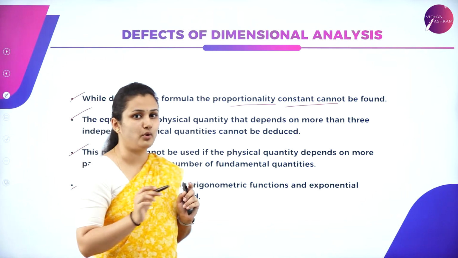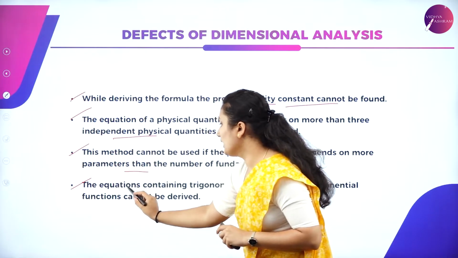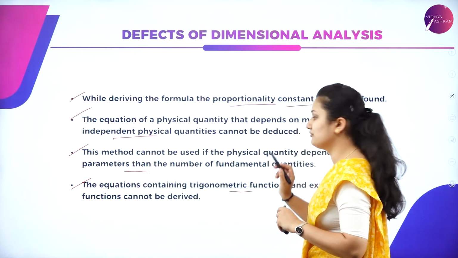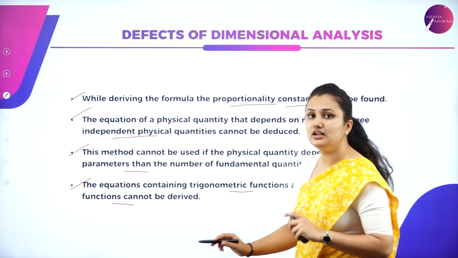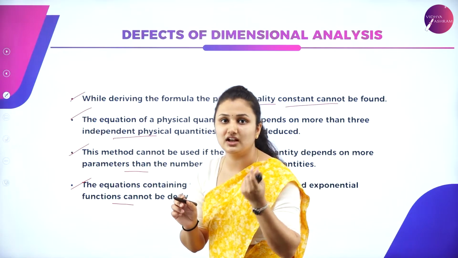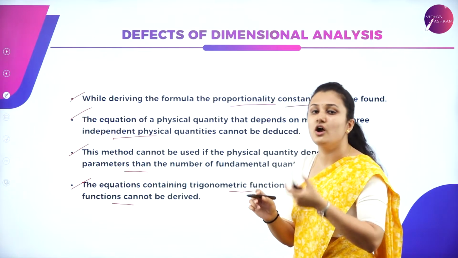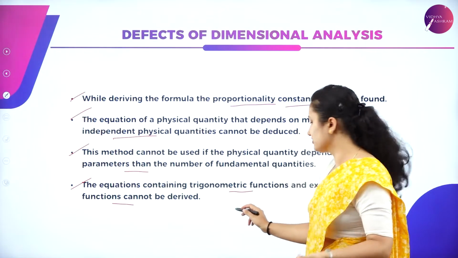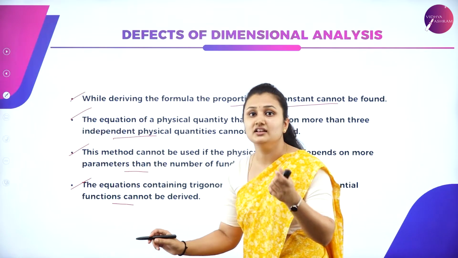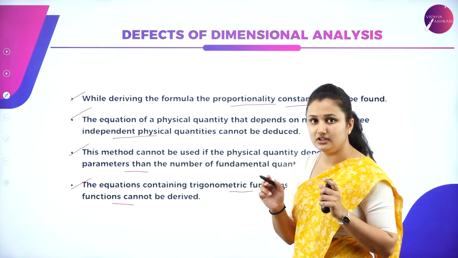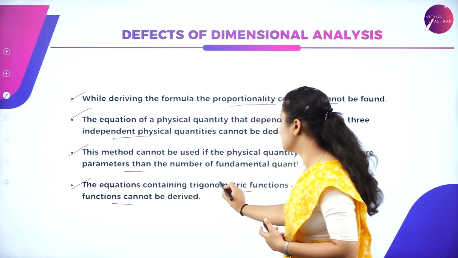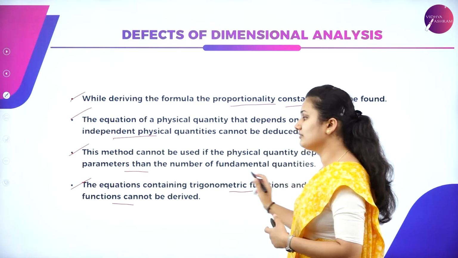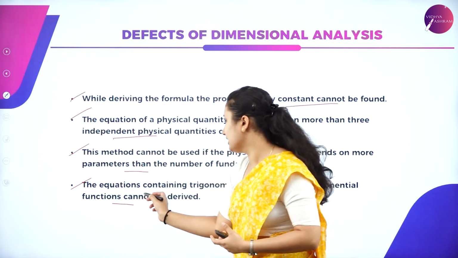What is the fourth defect? Equations containing trigonometric functions and exponential functions cannot be derived. If your equation consists of any trigonometric, logarithmic or exponential functions, then you cannot use dimensional analysis to deduce them.